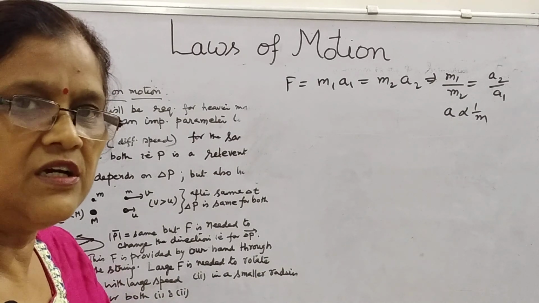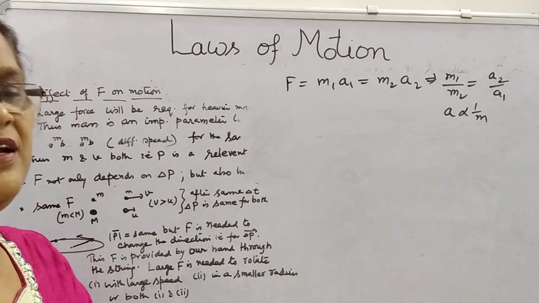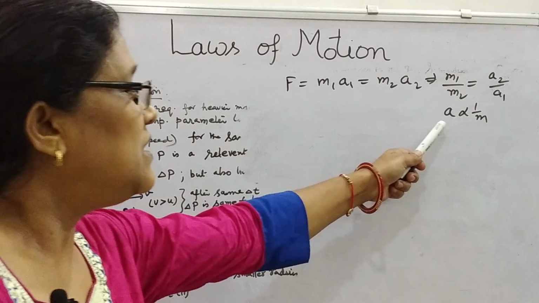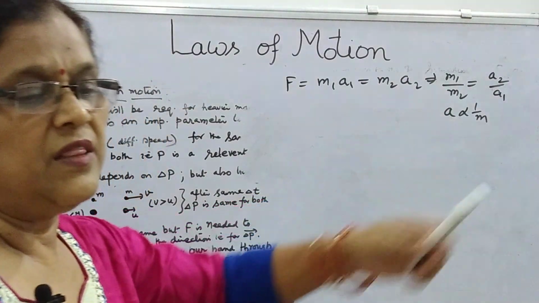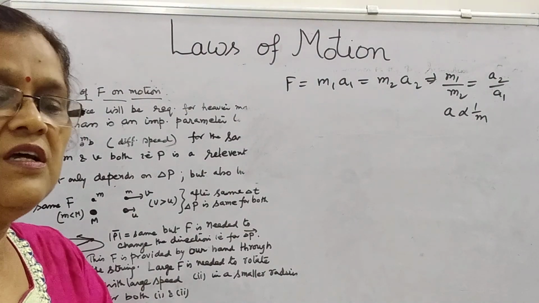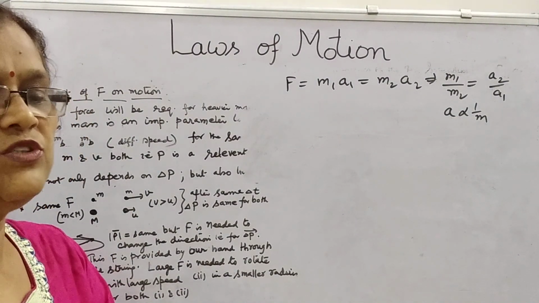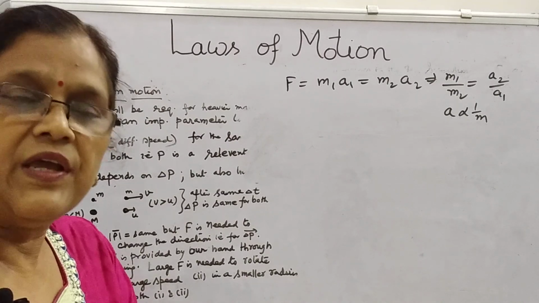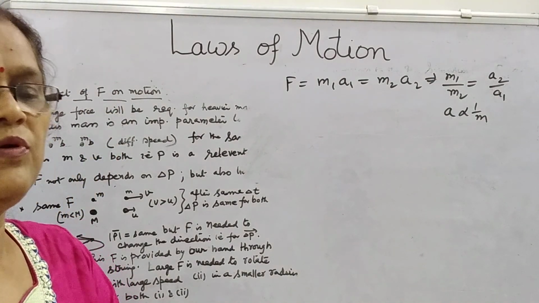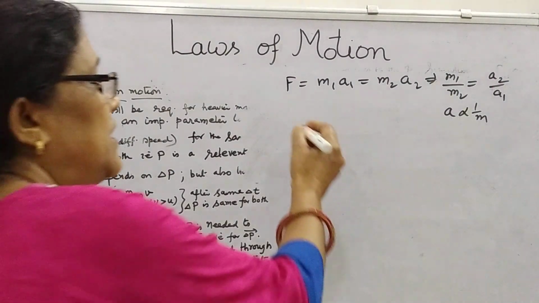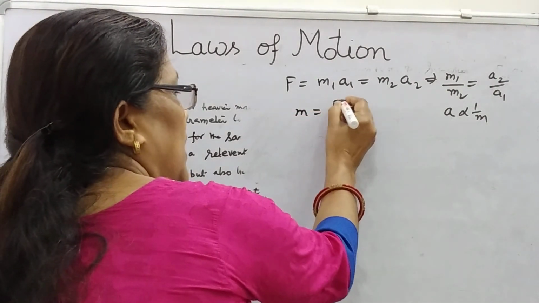That is inertia. So we can say that it leads to the concept of inertial mass, and from this equation the mass of the body gives a measure of the resistance or opposition to a given force. So in this way we can say that m equal to F upon a is the inertial mass. What can you write here? This m equal to F upon a, inertial mass.